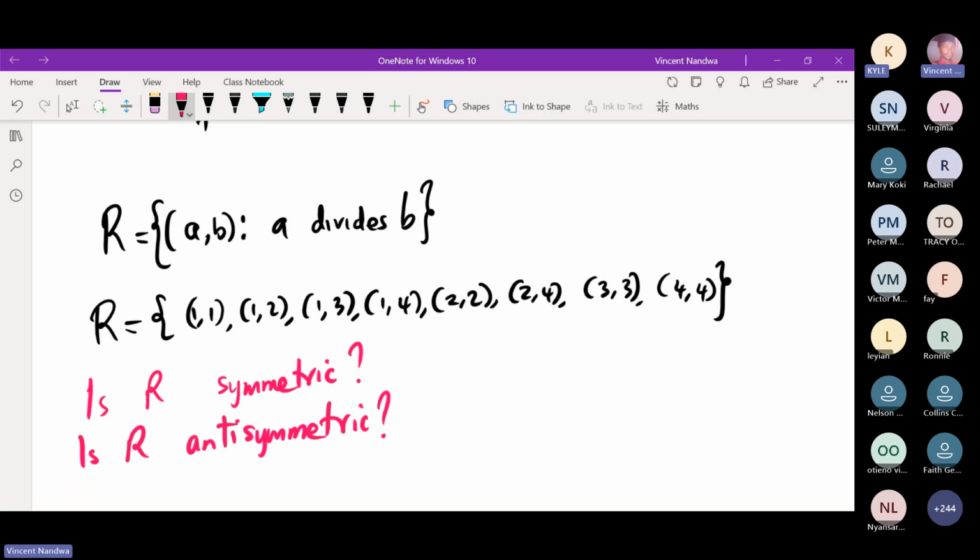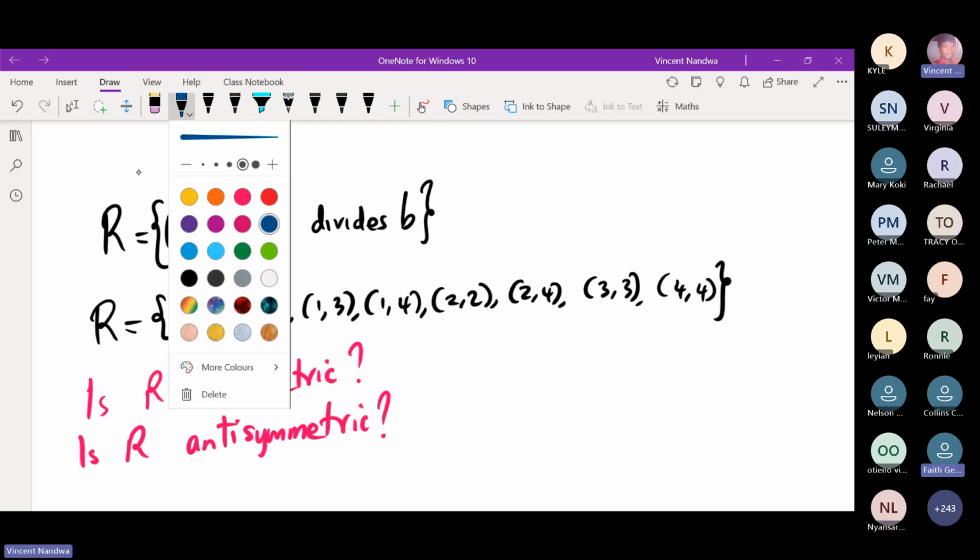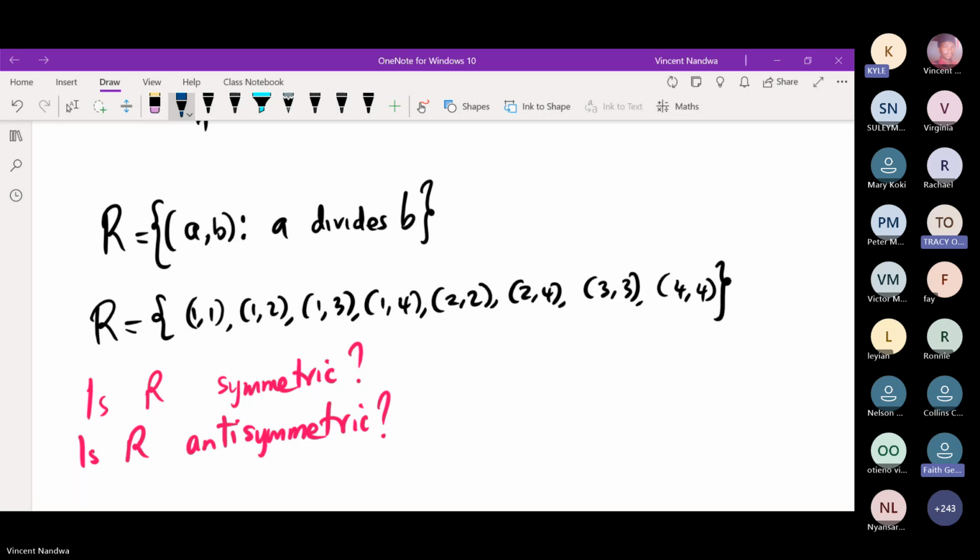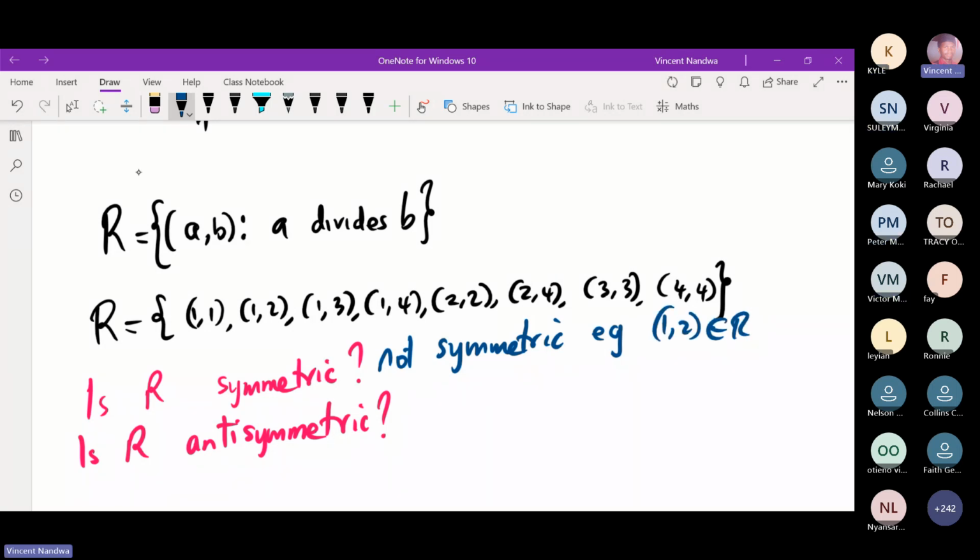Let's start with the first one. Can we say that R is symmetric? Yes or no? No. What makes it not symmetric? Since there is 1, 2 in R, but there is no 2, 1. Correct. So this one is not symmetric. For example, 1, 2 is in this relation, but 2, 1 is not in this relation.